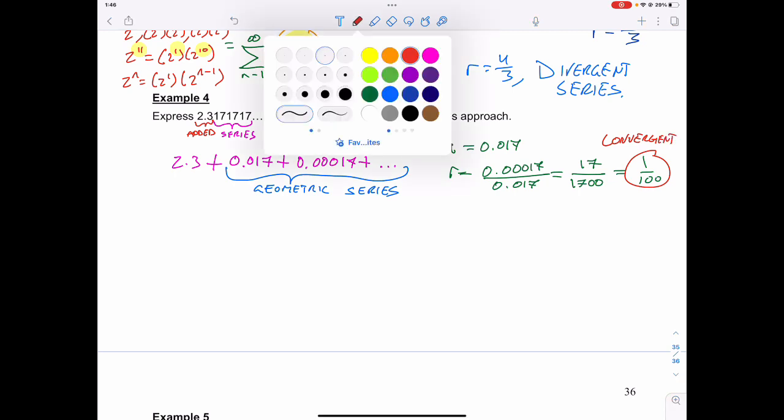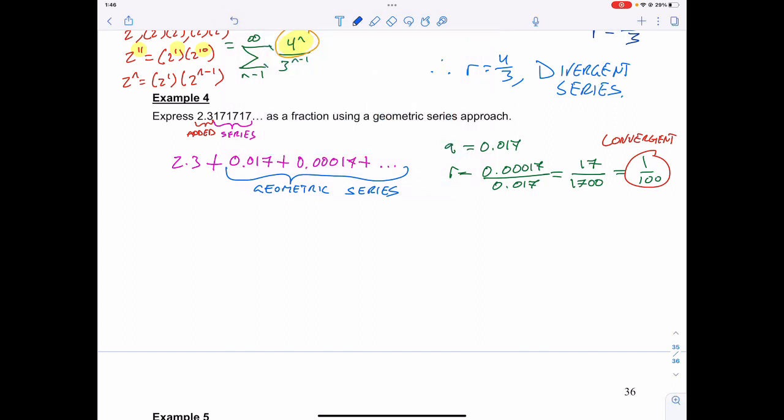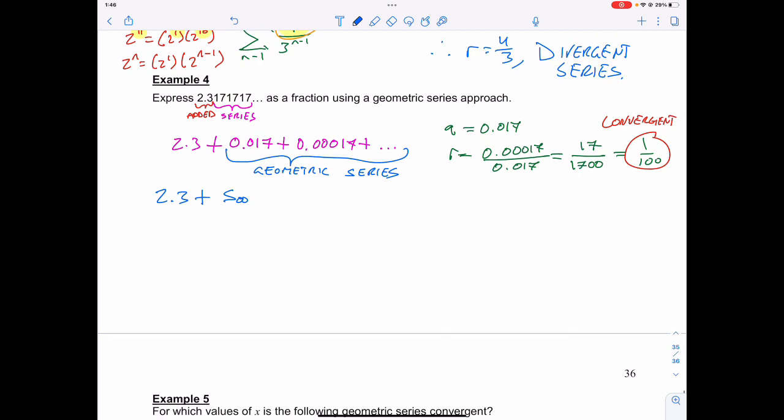So that means that all I'm doing is taking what is not part of the series, 2.3, and adding that to the infinite sum. Or taking 2.3 plus the first term, 0.017, or if we prefer, let's rewrite it as a fraction: 17 over 1,000 divided by 1 minus my r value, 1 over 100.